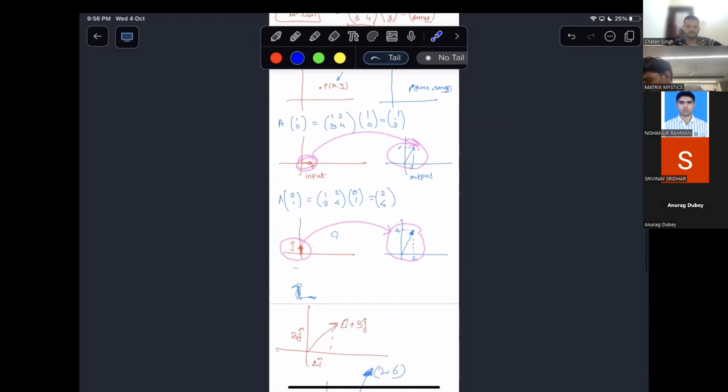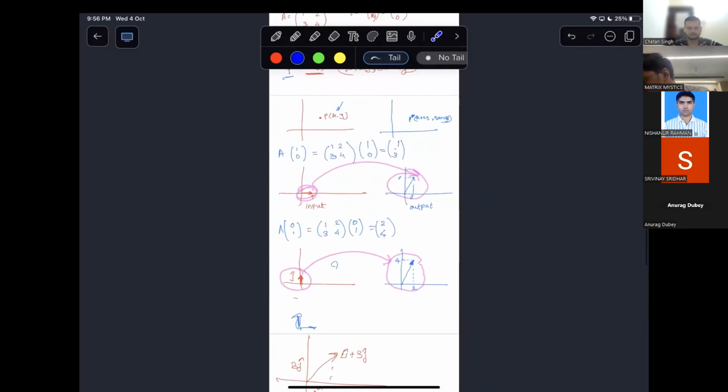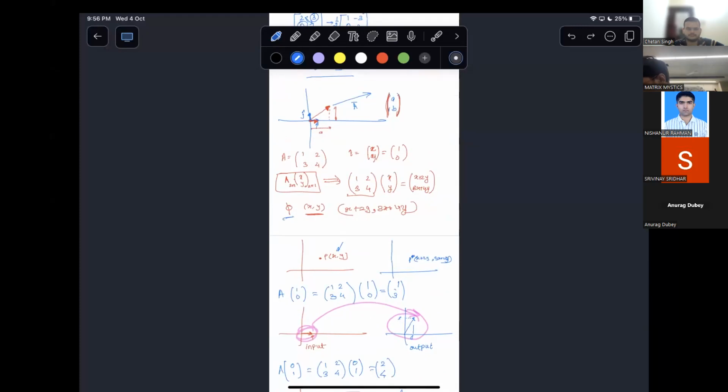So by last two diagrams, you mean these two diagrams, right? Before that. So this one. Ajit, did you understand the first diagram in this page?